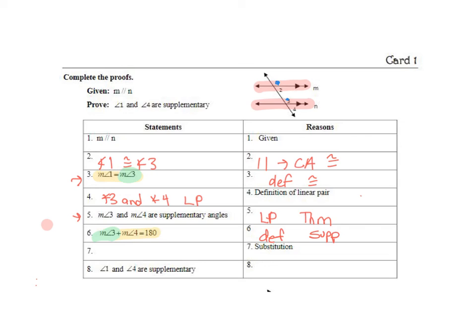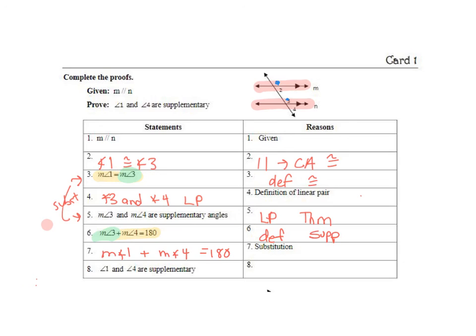Just substitute it in there and say that the measure of angle 1 added to the measure of angle 4 is going to equal 180 degrees because we did this substitution here.